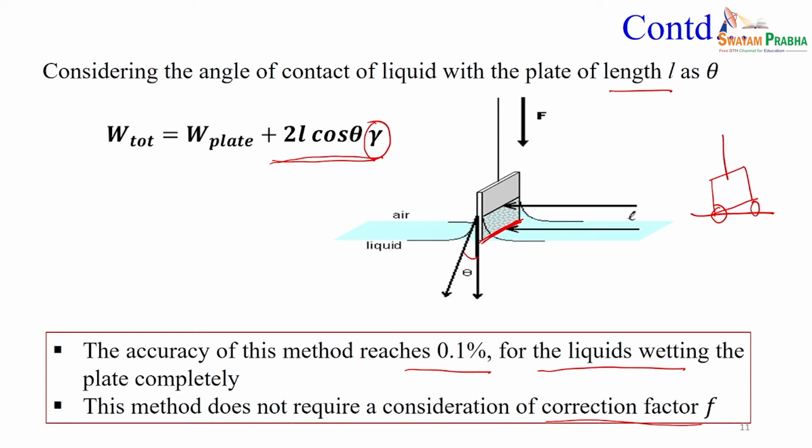So, again we are going to get some error in the results. The same applies for the ring as well as for the plate. So, it should be perfectly horizontal, so that the whole length of the plate or the whole perimeter of the ring should touch the interface as you pull it out.